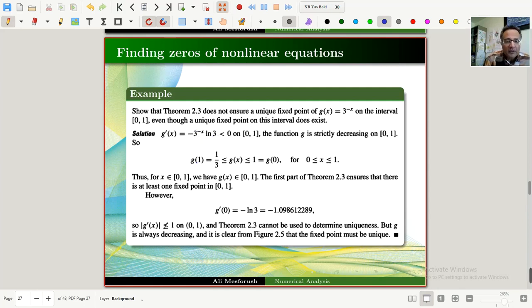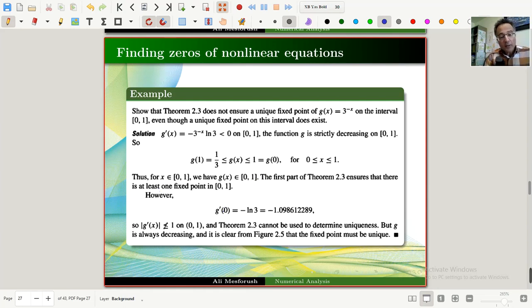Now consider g on 0 to 1: 1 over 3 is less than or equal to g of x, which is less than or equal to 1, and this is equal to g of 0 for all x between 0 and 1. So for all x belonging to 0 to 1, we have g of x in 0 to 1, and this is good because it is the first condition of the fixed point theorem.